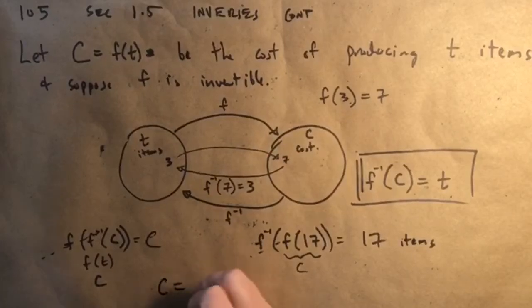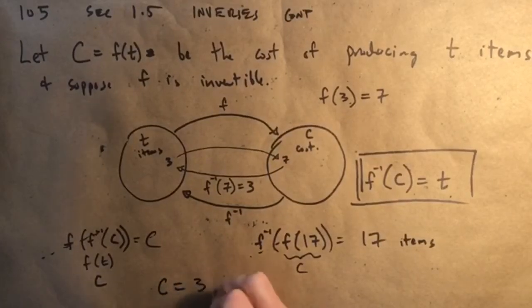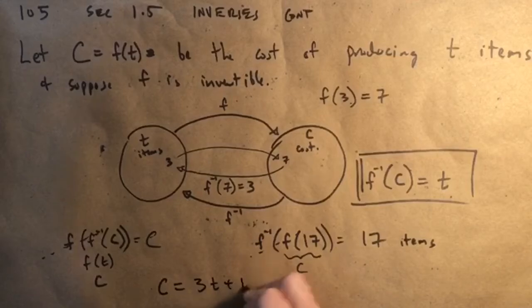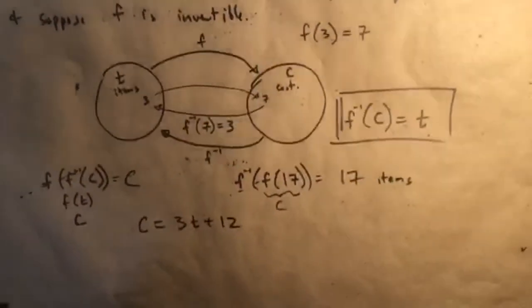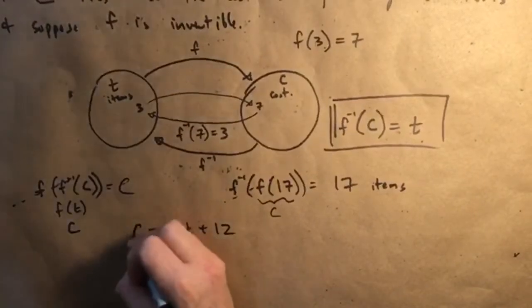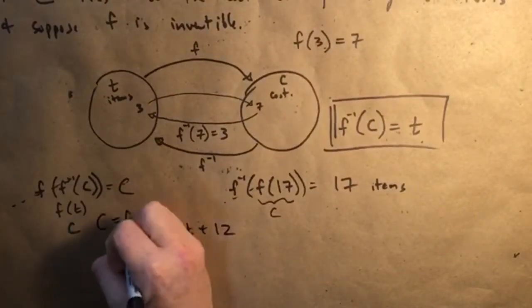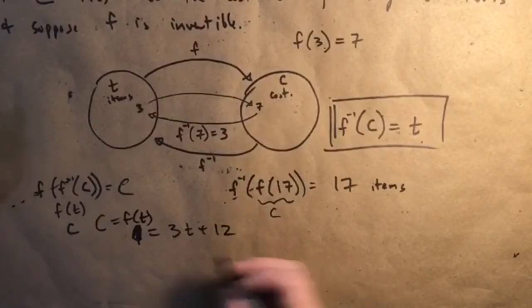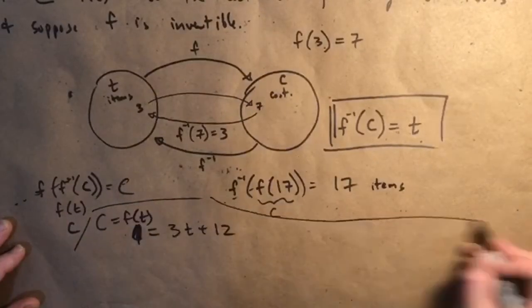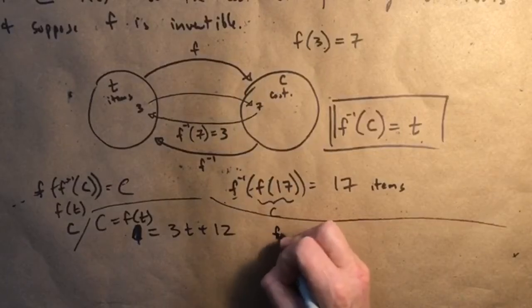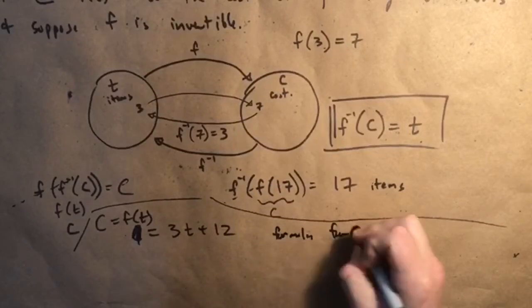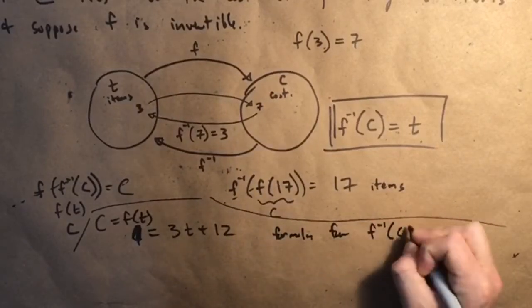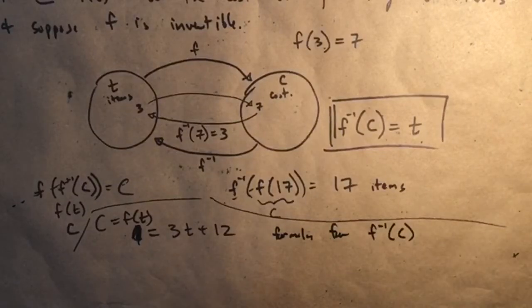There's one last thing I want to do with us. Suppose c is equal to 3t plus 12. And now I'm just kind of spitballing here. I could say also that c is equal to f of t, and the function is equal to this. And if I was asked for a formula for f inverse of c, well, what am I going to do?